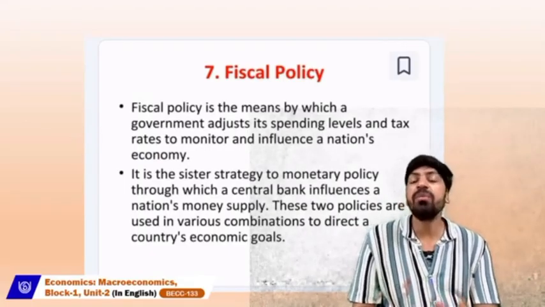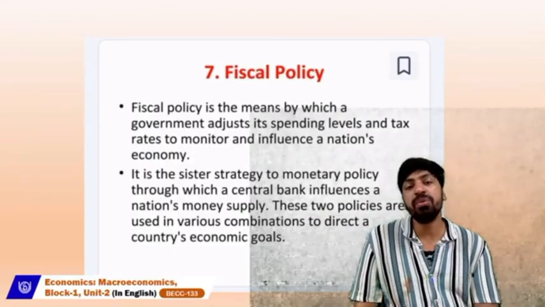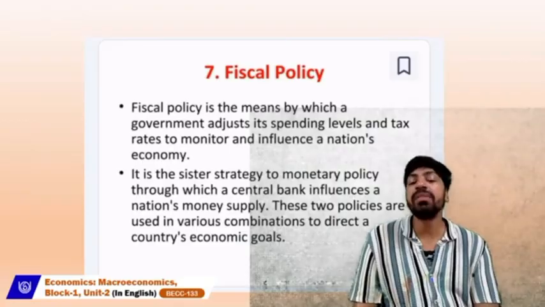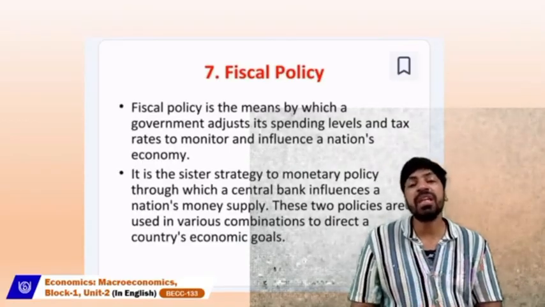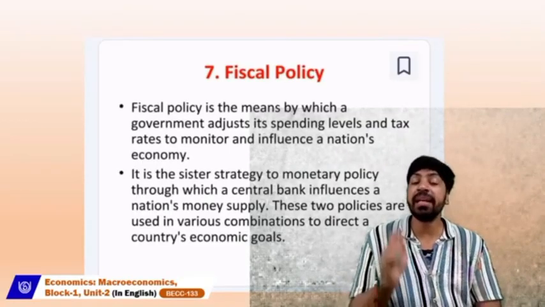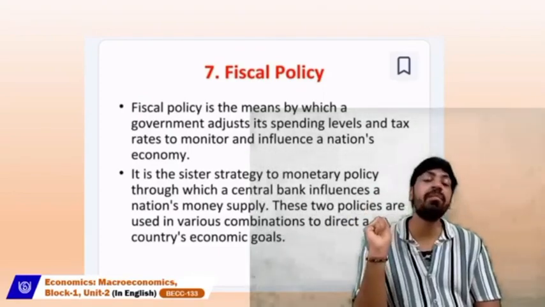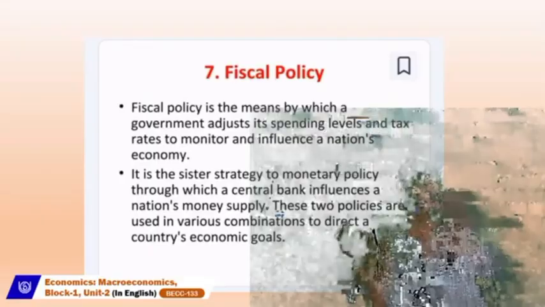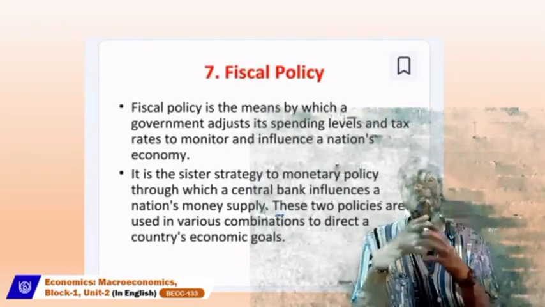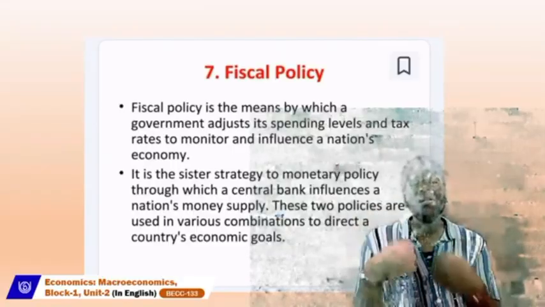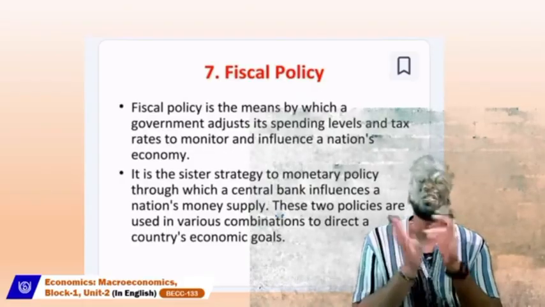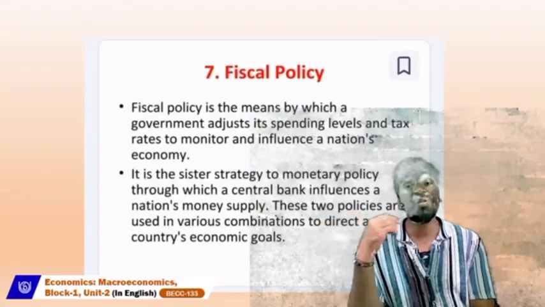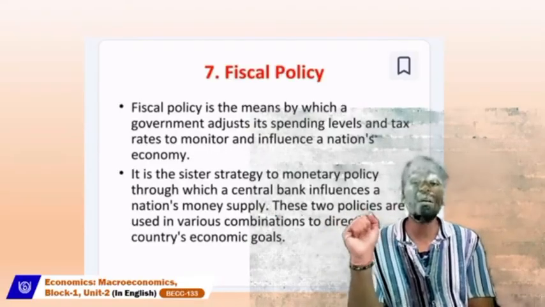One of the most significant goals is to direct how the country could achieve its economic goals, and it can be achieved through fiscal and monetary policy, because after all, fiscal policy is a strategy for monetary policy, and how monetary policy works is based on the strategies made by the Central Bank of India.